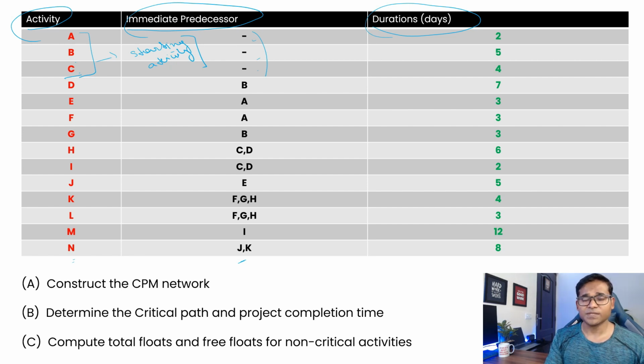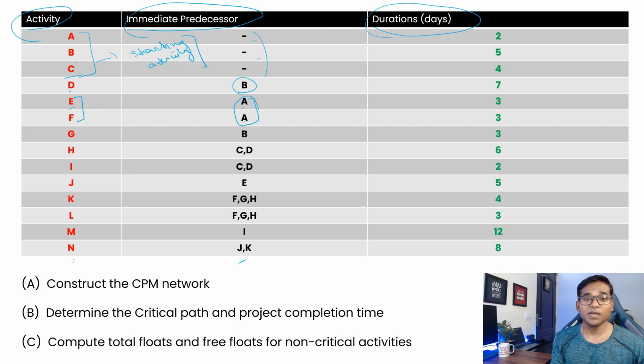Then if you go and see, activity D is going to start when B is finished. Then you have activity E. Activity E is going to start when A is finished, and activity F is going to start when A is finished. Now here, for E and F we have the same activity to be finished.